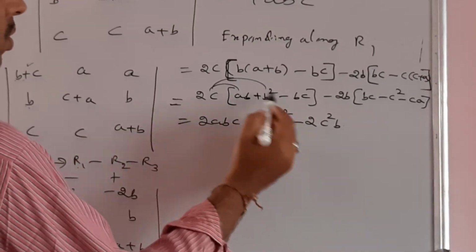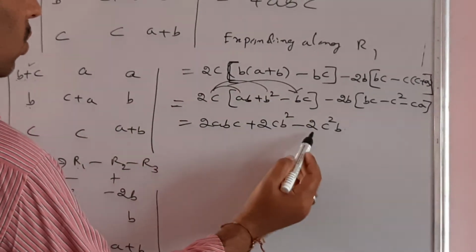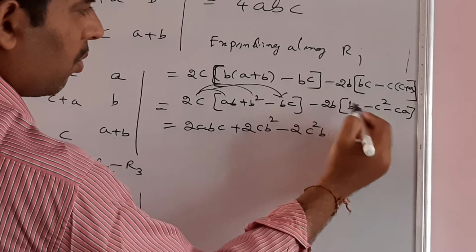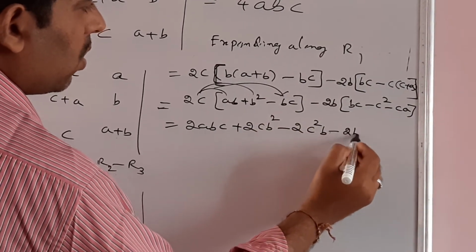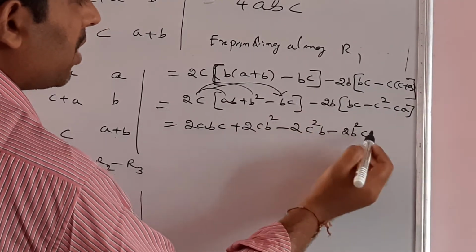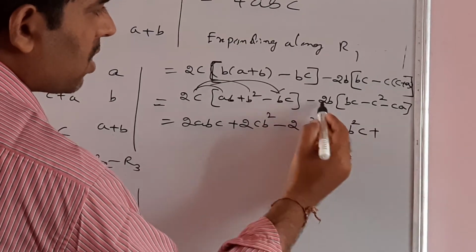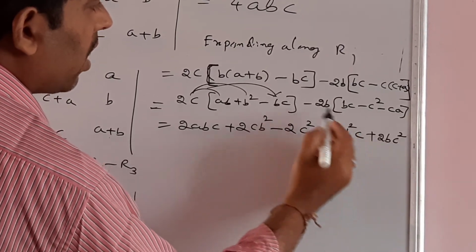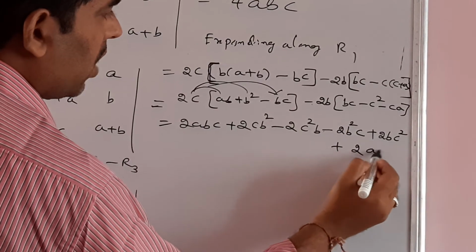Okay, so this into this. So 2C square B, then I remove this bracket here, minus 2B square C, B into B, B square C, then minus into minus, plus 2BC square, then minus into minus, plus 2ABC.